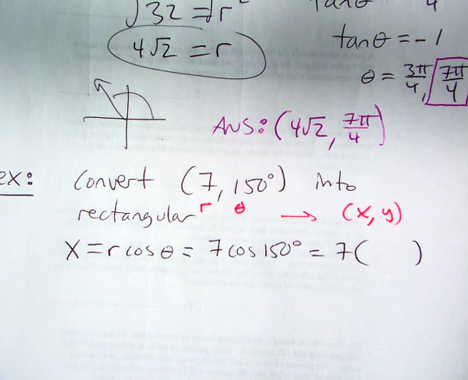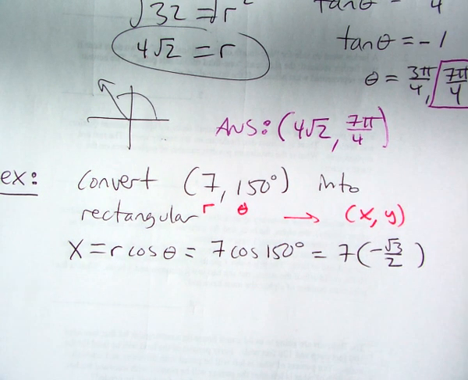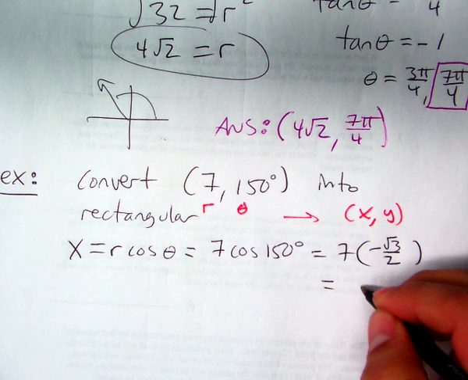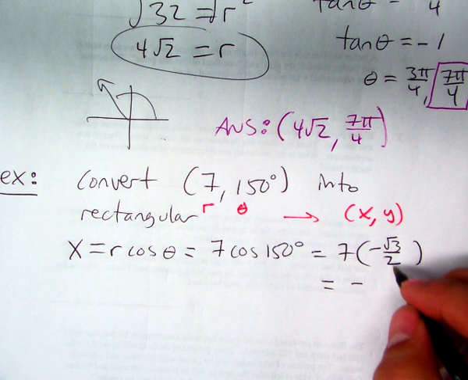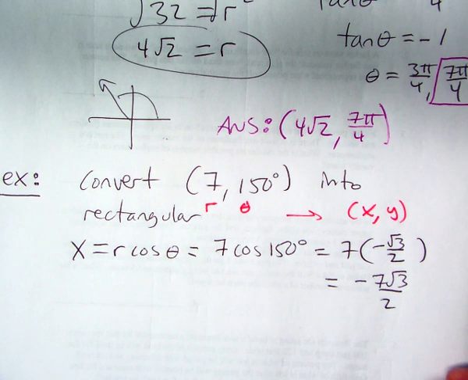Isaac? Whoa, good job. You're on fire. I was close. You were. Other one. Yeah. Close. I didn't say root 2 over 2. Yes, you were closer this time. That's good. So the x coordinate is negative 7 root 3 over 2. Does that make sense? Let's find y.